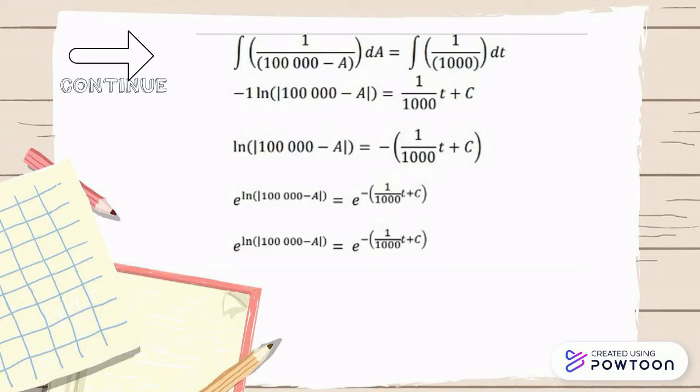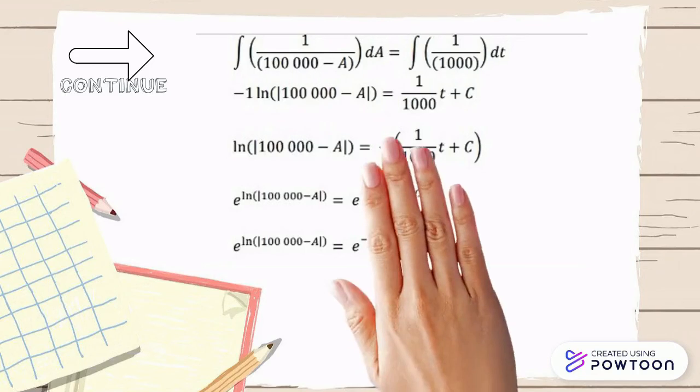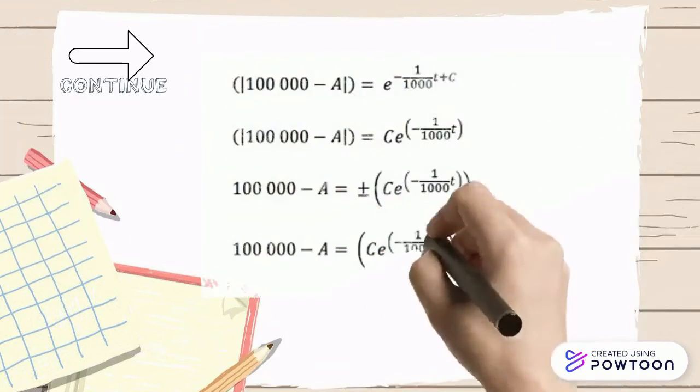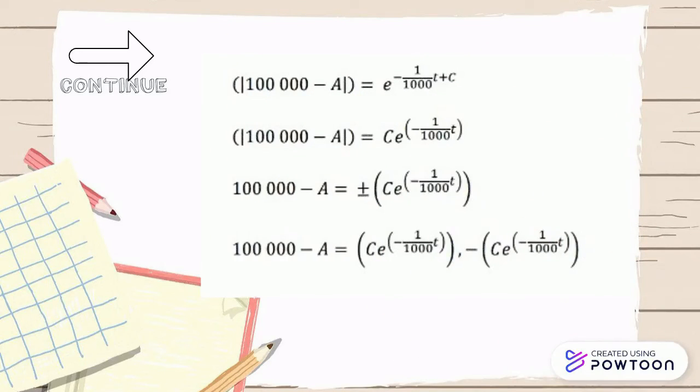And then for the right hand side, we can put c to the front. And then we will get a new equation, which is the modulus of 100,000 minus A is equal to c exponential to the power of -1 divided by 1000 t. Since we have modulus on the left hand side, the right hand side will be either positive or negative. The goal now is to find A.